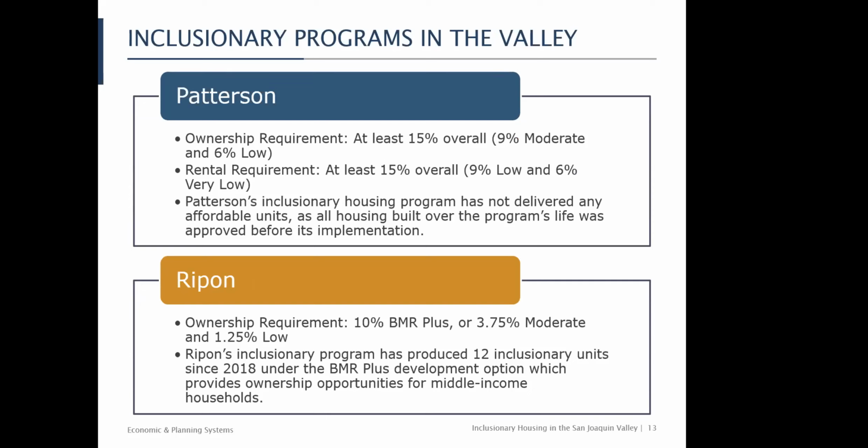In Patterson, the requirement is also on ownership and rental, 15% in both cases. On ownership, they're targeting moderate and low income housing. On rental, targeting low and very low. This might be a good place to mention that it's fairly typical that you don't see very low income households being targeted in ownership programs. The reason is that it can be really difficult to qualify a very low income household for home ownership.